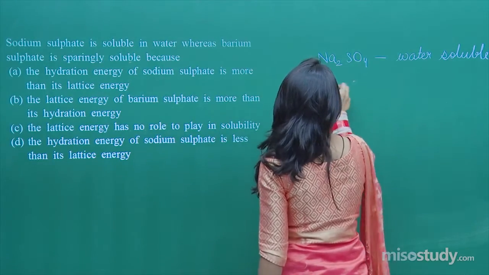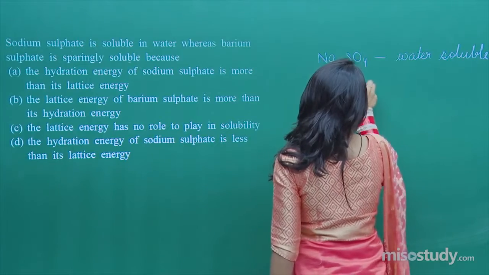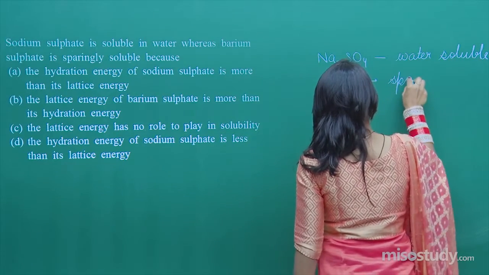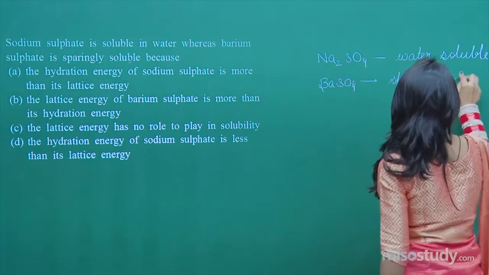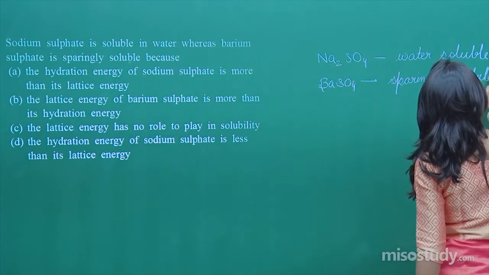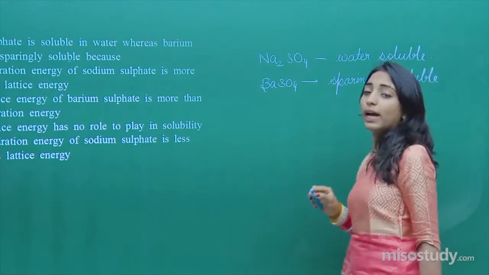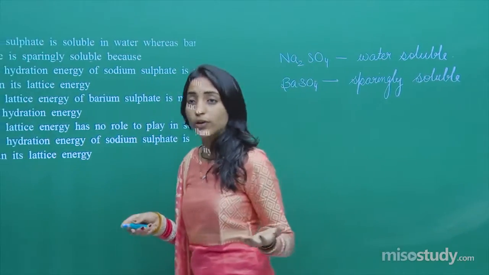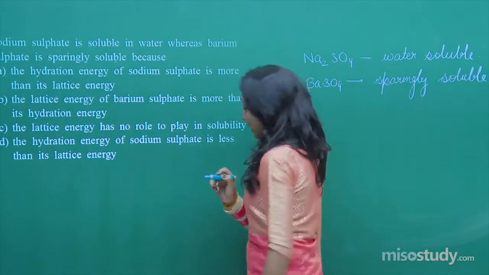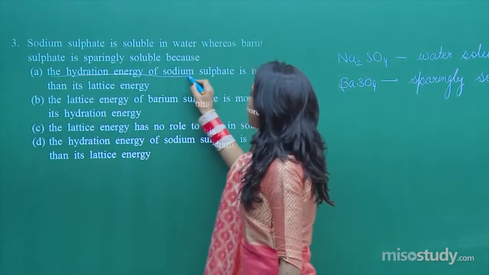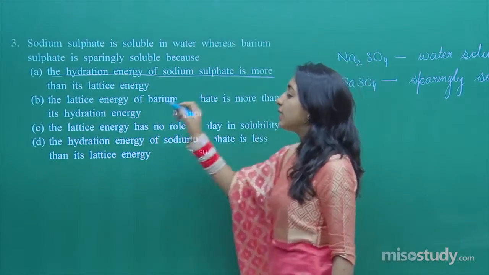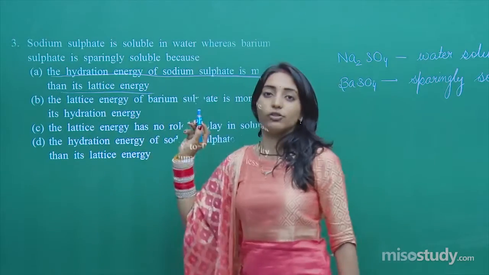Barium sulfate is BaSO4, and this is sparingly soluble. Sparingly soluble means not much of BaSO4 that you will be adding to water will be dissolved in water. Now the question says, the hydration energy of sodium sulfate is more than its lattice energy.